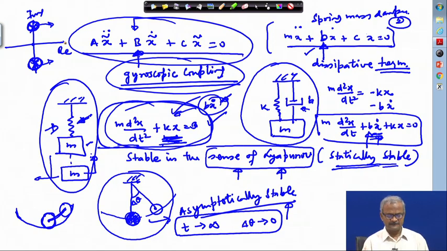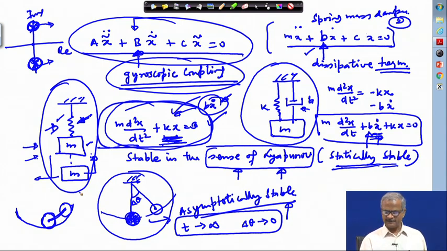In this case, however, the system in practical sense will be stable, because once you disturb it, it will oscillate and slowly energy will get dissipated in the spring and in the form of heat, and there will also be aerodynamic resistance, so the motion will die out. It will lose its energy.